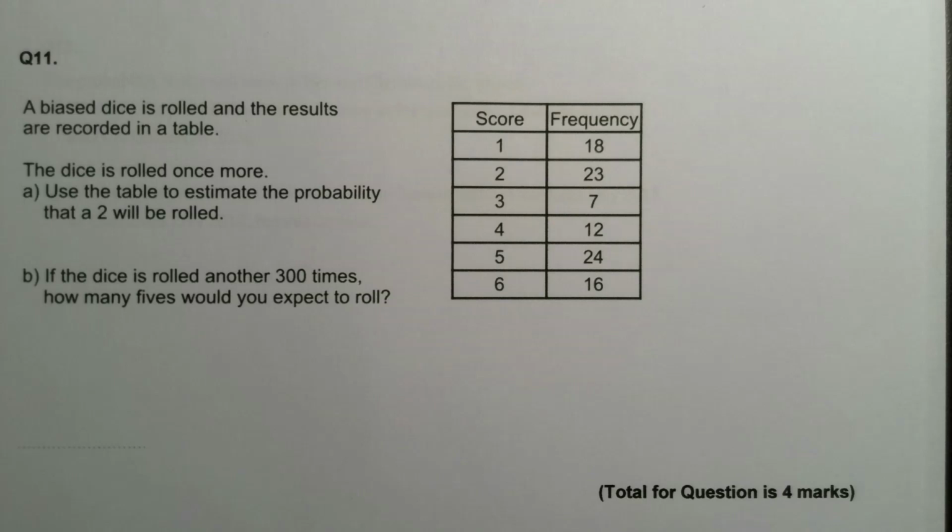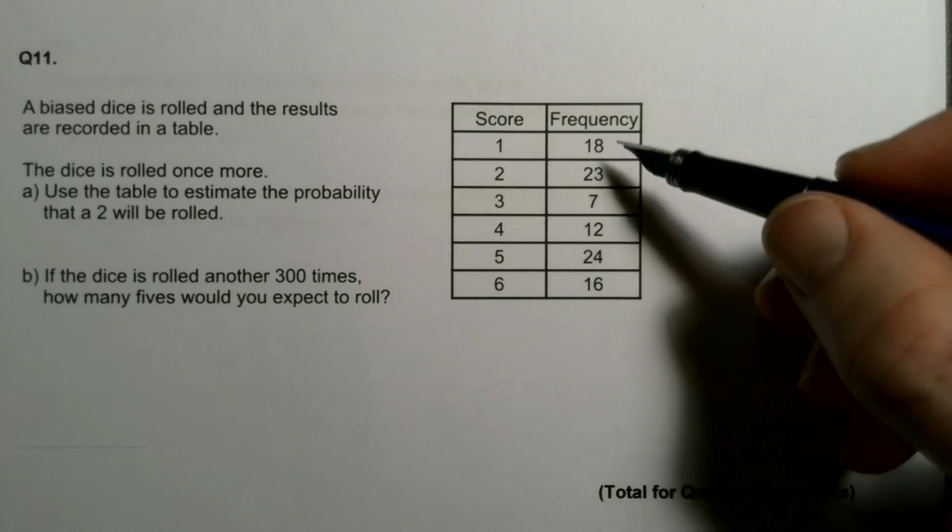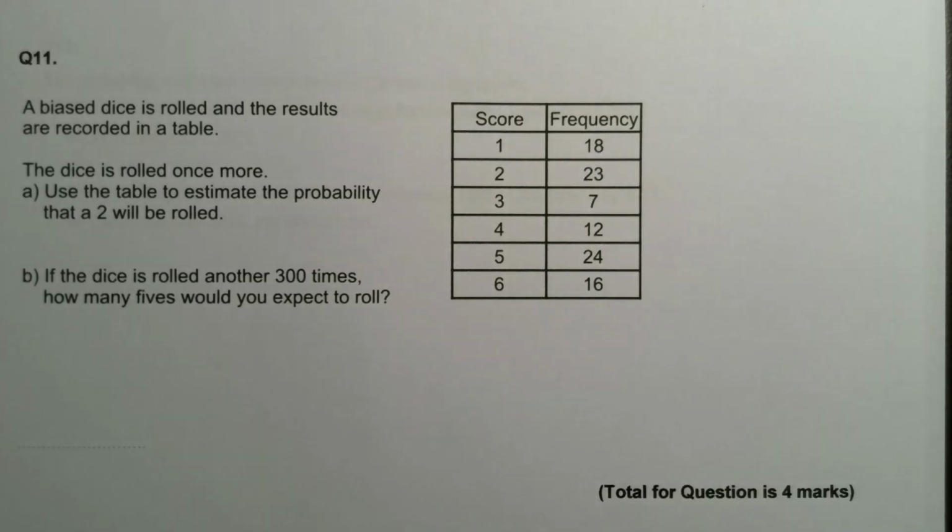Okay, now tests don't always get harder the further in you go. We're onto the probability side of things now, which you'll probably find a bit easier. So use the table to estimate the probability that a 2 will be rolled. So frequency means how many times something has happened.